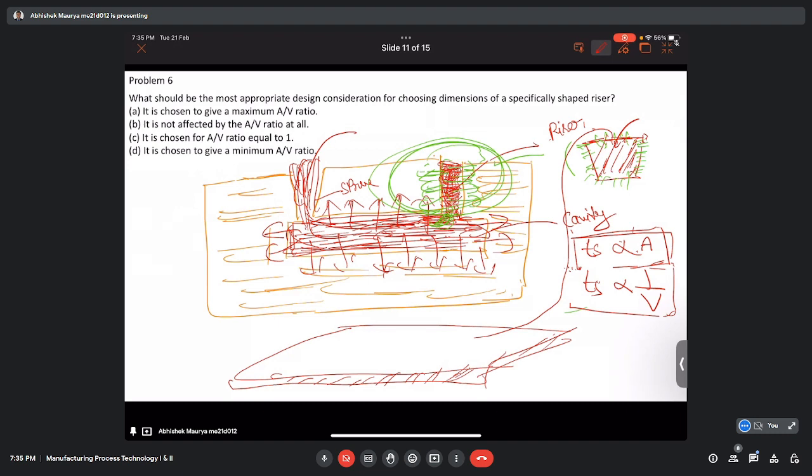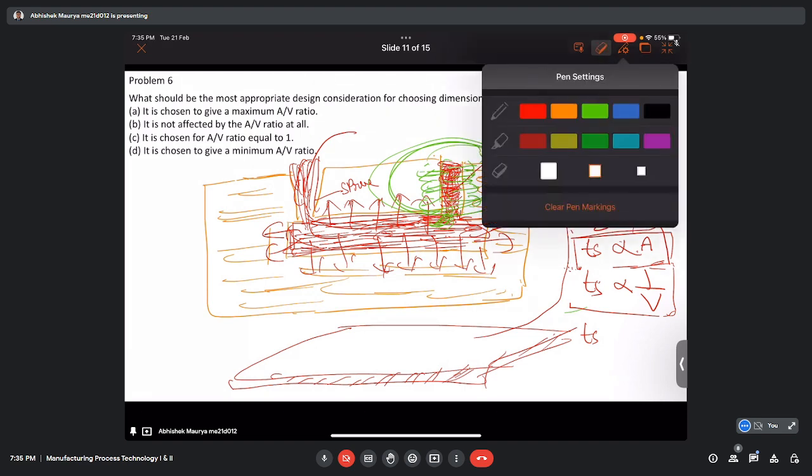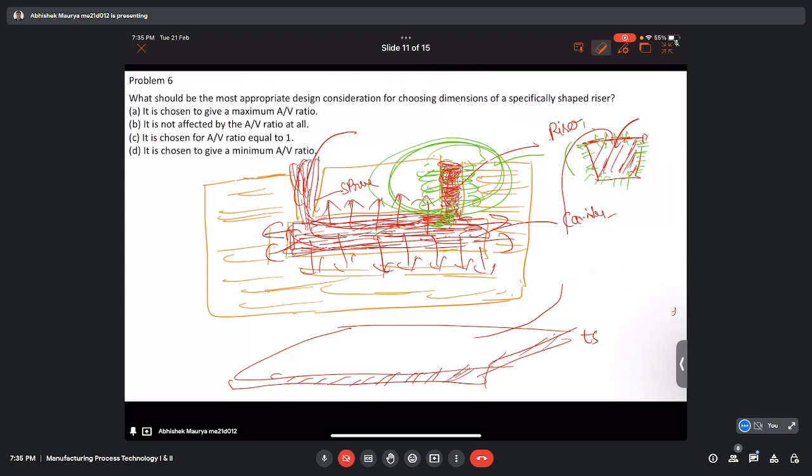Indirectly, we can say solidification time is larger if we have a smaller area, or it is inversely proportional to area, whereas solidification time is larger if we have a larger volume.